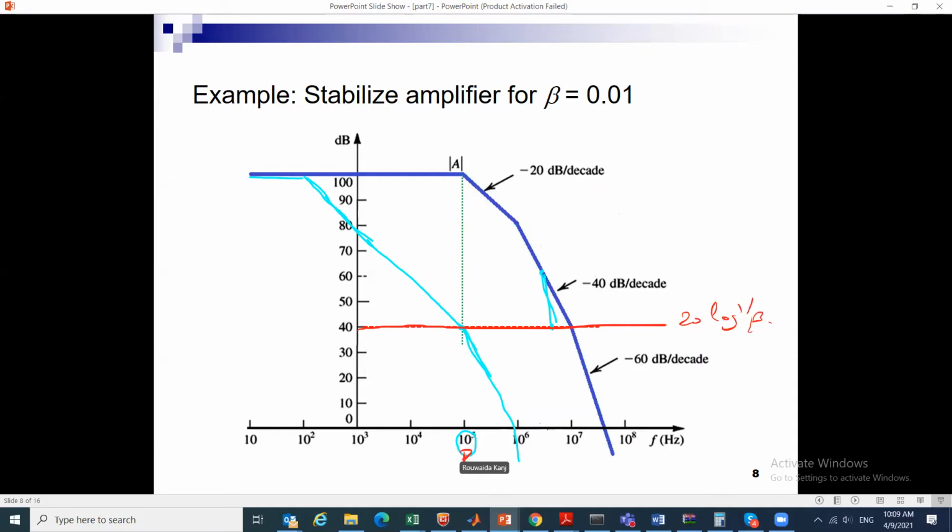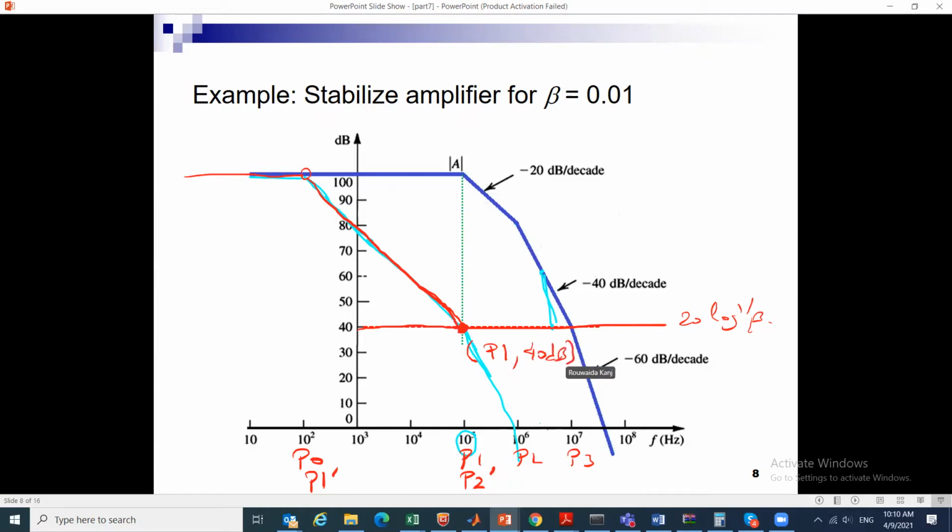And I know this is P1, P2, P3. I'm going to introduce a pole P0, which becomes P1 prime in the new system, and this becomes my P2 prime. And I'm going to force the system to have a minus 20 dB per decade slope until P2 prime, or until my old first pole, such that the value at the old first pole P1 is 40 dB.